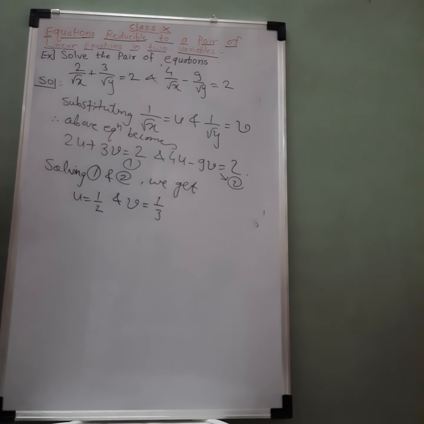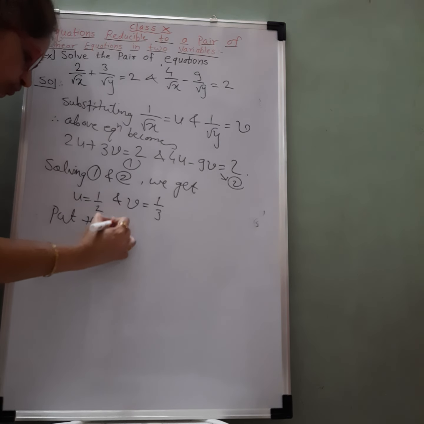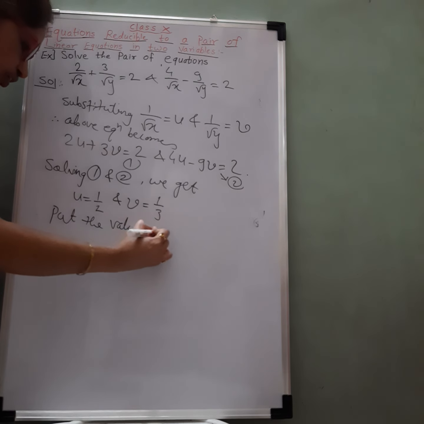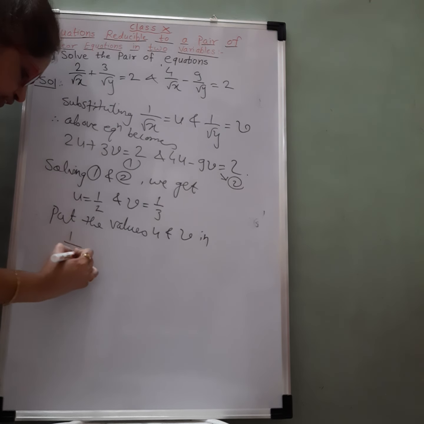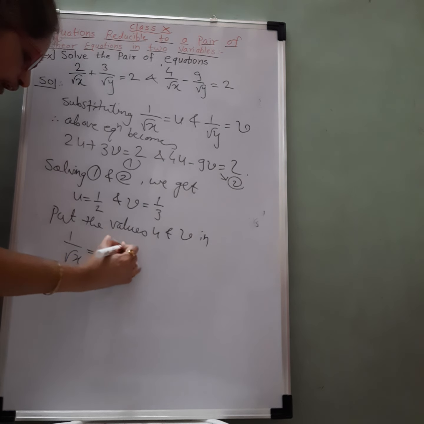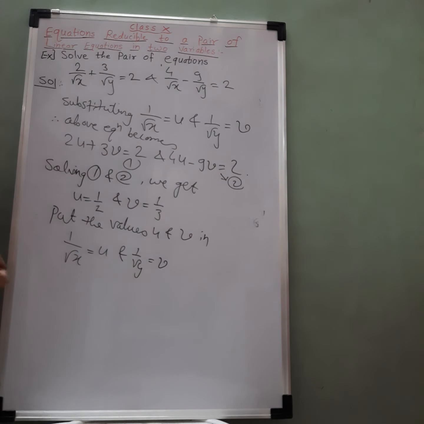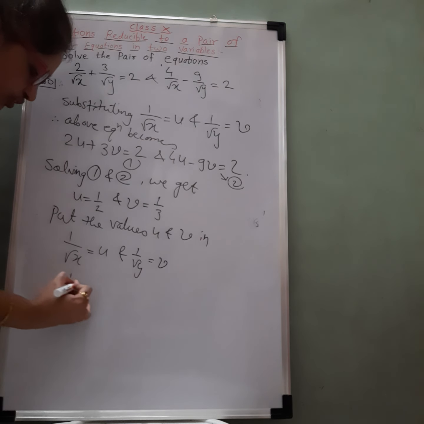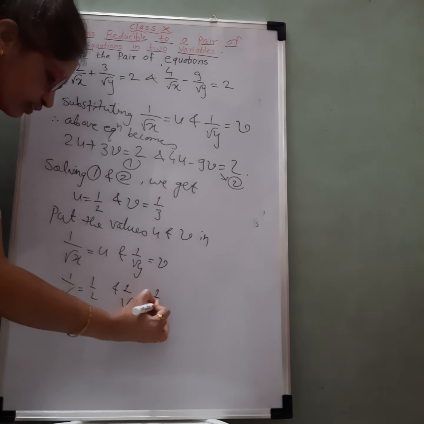Now put the values of u and v in 1 upon root x is equal to u and 1 upon root y is equal to v. So substitute it. So 1 upon root x is equal to 1 upon 2 and 1 upon root y is equal to 1 upon 3.